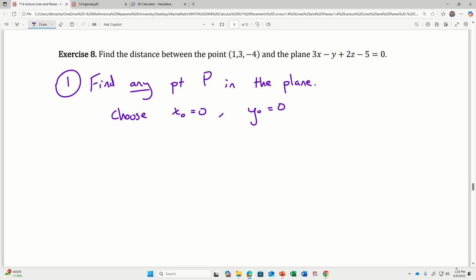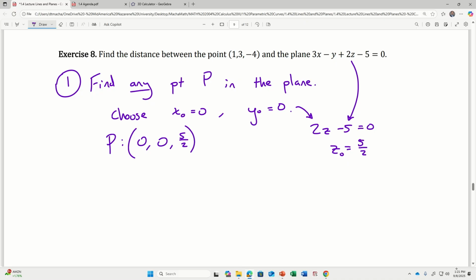So I'm going to choose x equals 0, y is equal to 0. And then this plane equation becomes 2z minus 5 equals 0. And I can solve for z. It's going to be 5 over 2. So my point P is now the point 0, 0, 5 over 2.